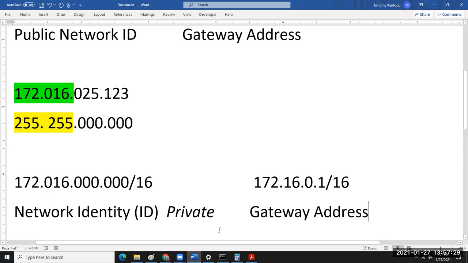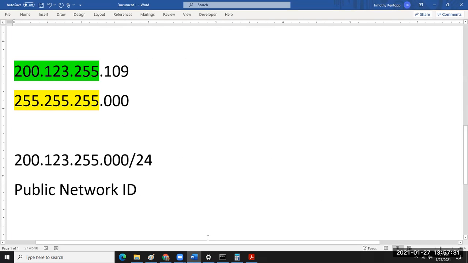Okay, last example. What is my gateway address? Can everybody say it with me with feeling while I highlight these? My gateway address is 200.123.255.